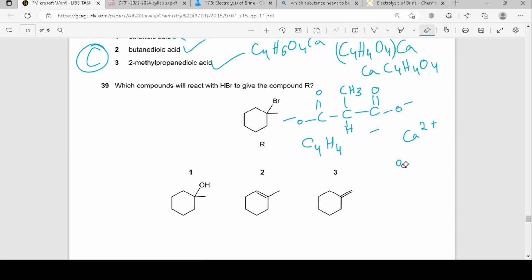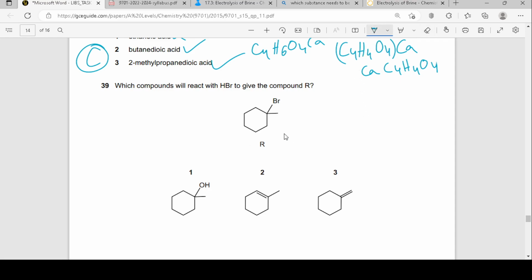Which compounds will react with HBr to give the compound R? So let's see then. So you're reacting it with HBr, right? And if I look at option 1, if I react this with HBr, what would I get? Well, this will get substituted to give you Br, right?